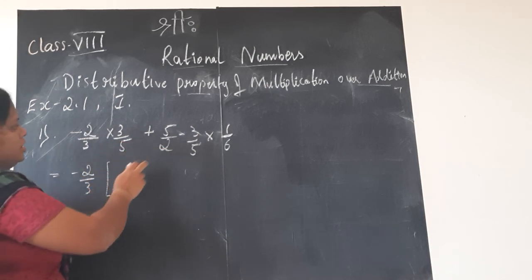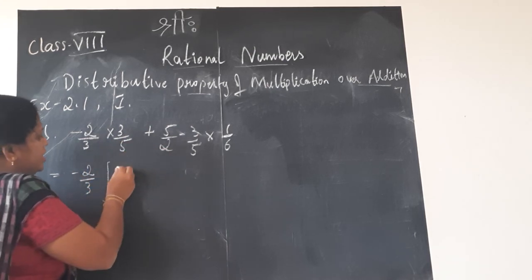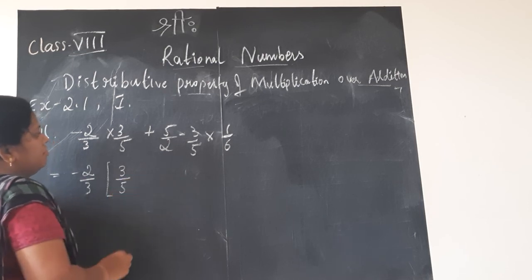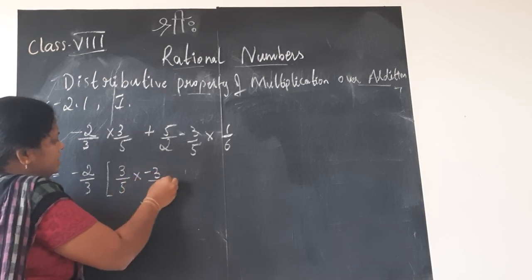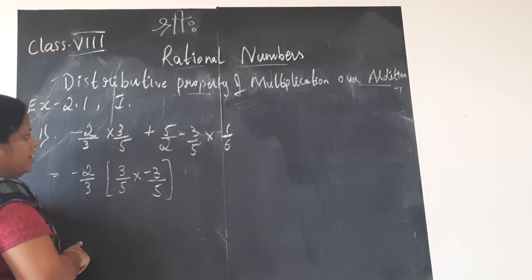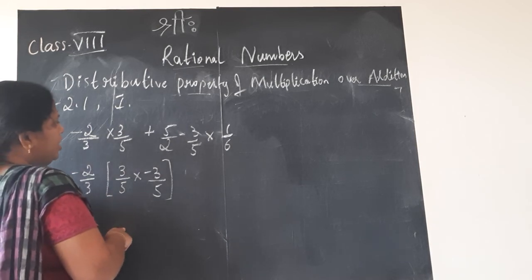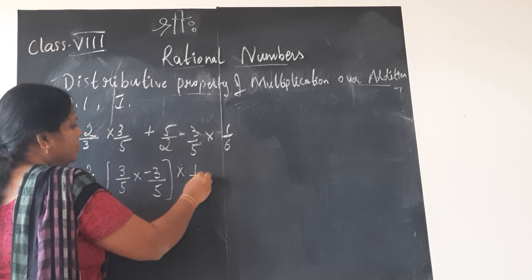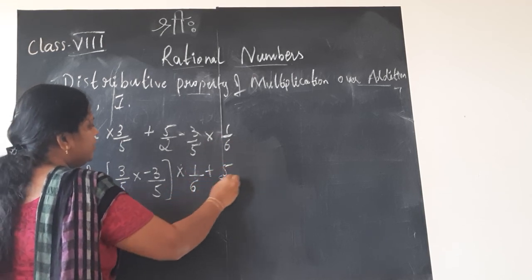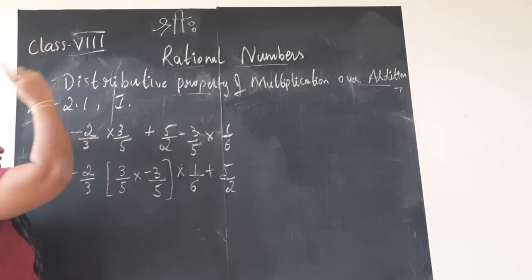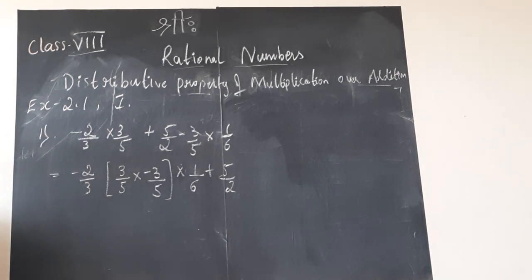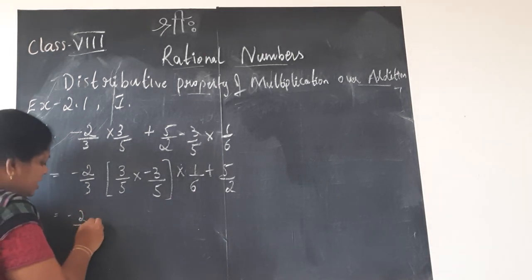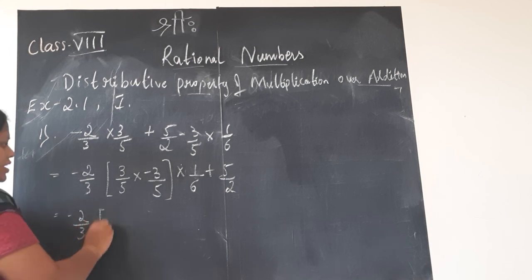Now I will choose the terms with multiplication together at once. 3 by 5 into minus 3 by 5 together I will write based on commutative property. Again this multiplicative term I will write here, plus 5 by 2 I will send it to the end. Now minus 2 by 3 as it is I will write.